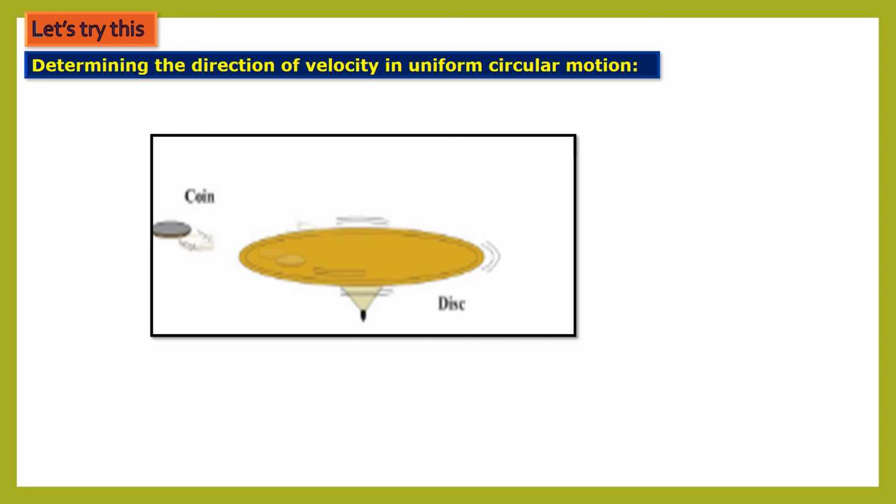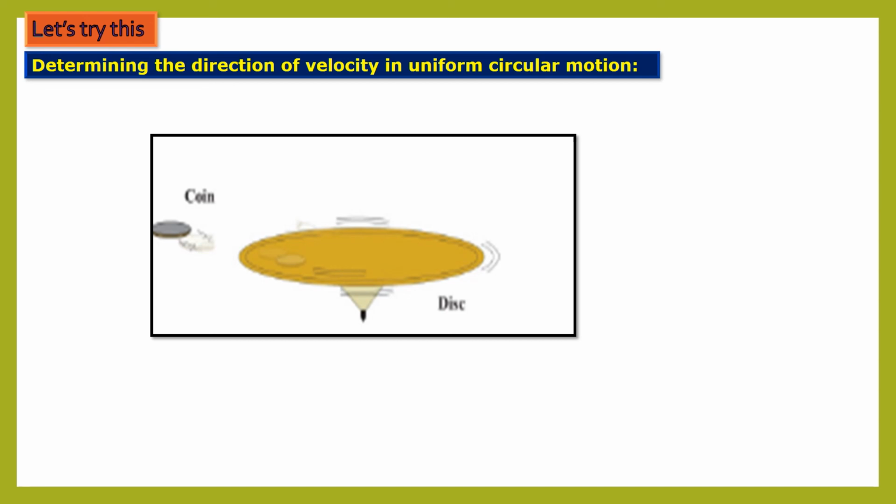When we observe this, we understand, children, that the coin is thrown off in the direction of the tangent, which is perpendicular to the radius of the disc.